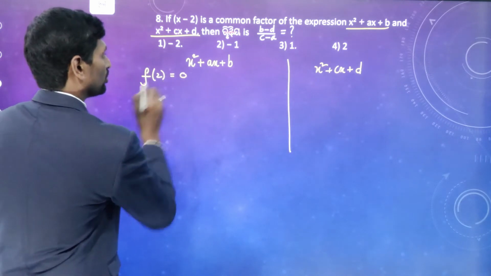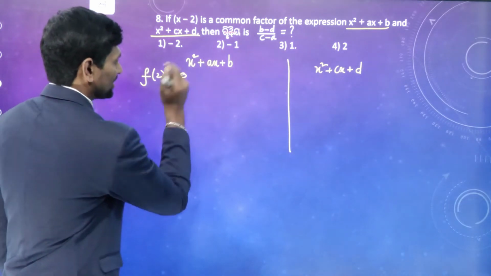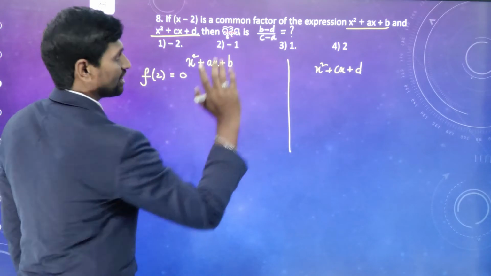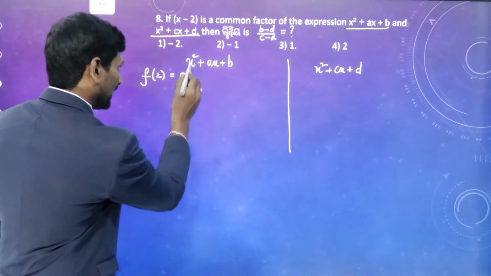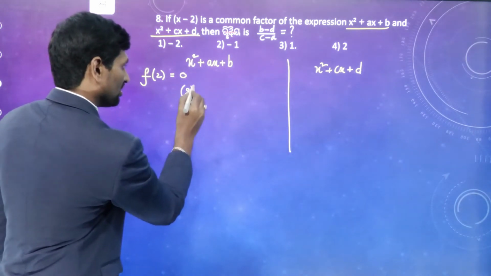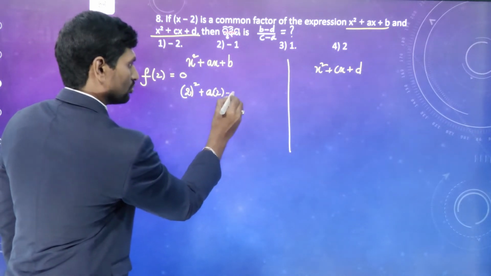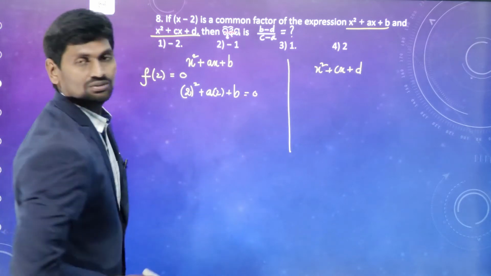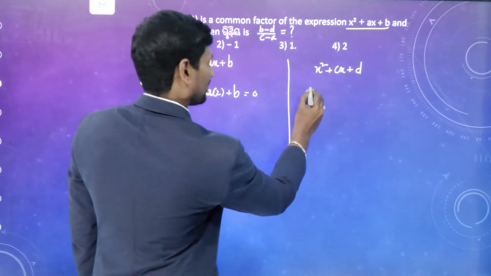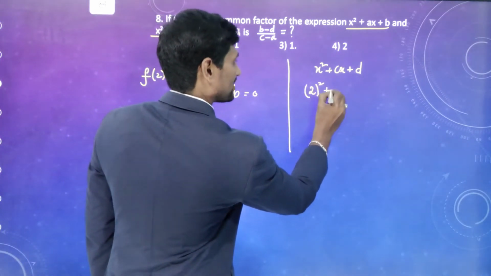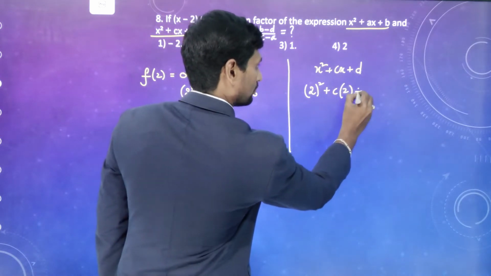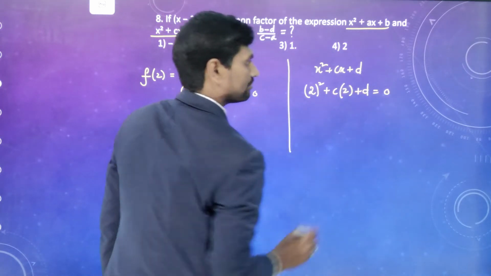That means substitute the value 2 in the first polynomial as well as the second one. So in the place of x, 2 square plus a into 2 plus b equals 0. In the same way I am substituting here, 2 square plus c into 2 plus d equals 0.